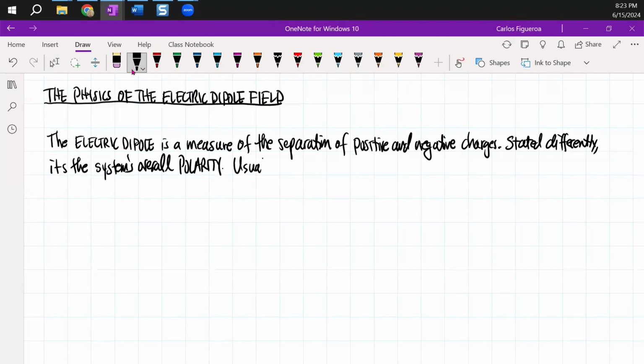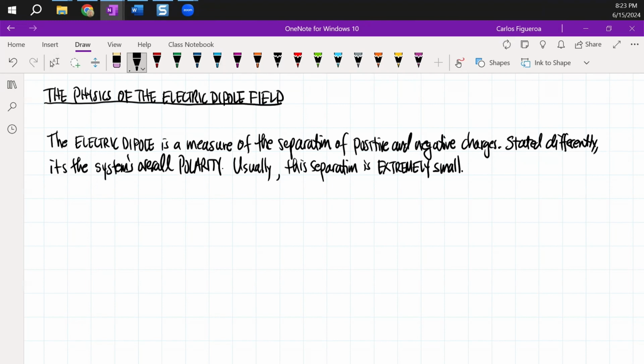Usually, this separation is extremely small, and it's much smaller than the diameter of an atom.